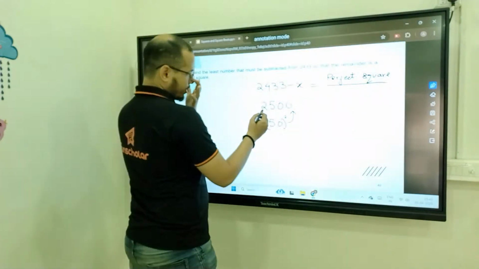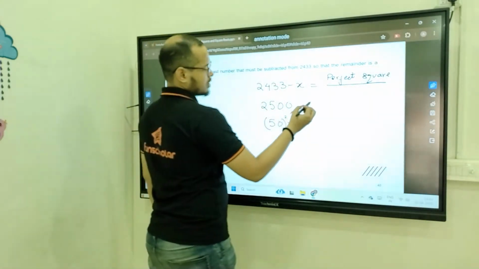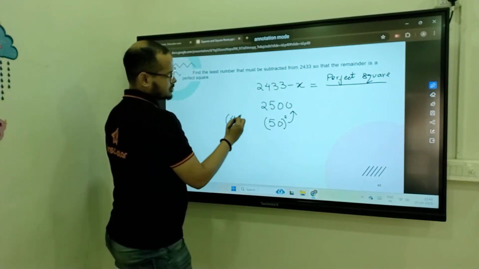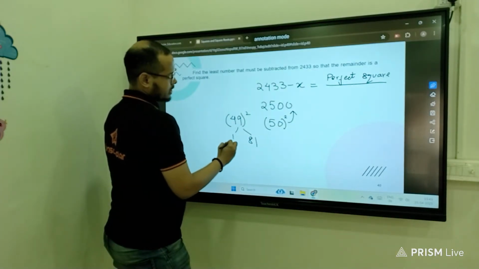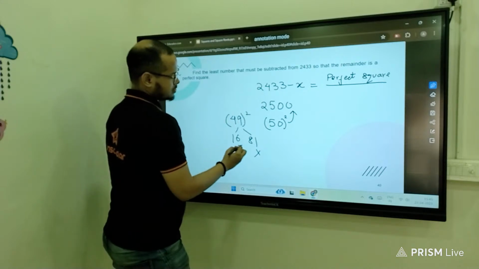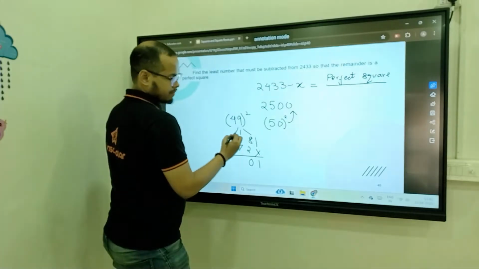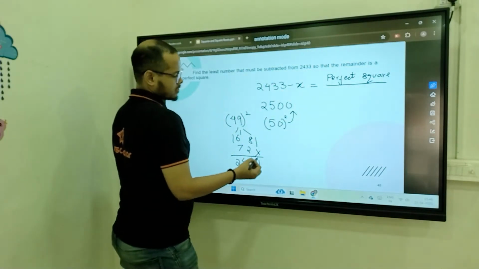Can you see, guys? 2433. Okay, so let's find out for 49. 49 square: 9 square is 81, 4 square is 16, 4 into 9, 36, 36 into 2, 72. That gives 2401.